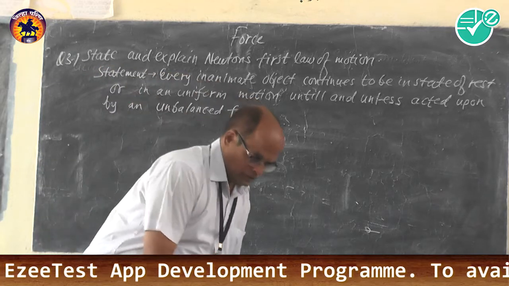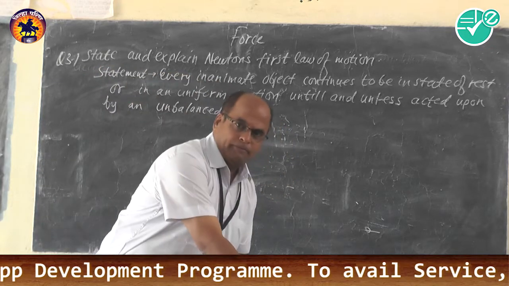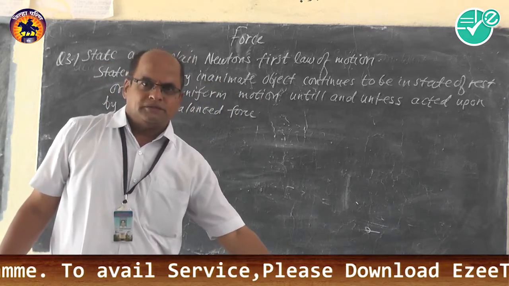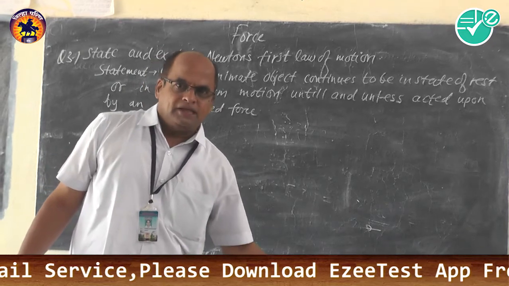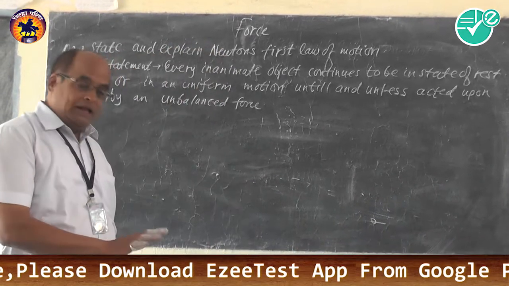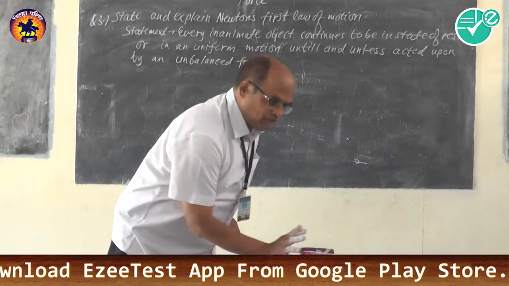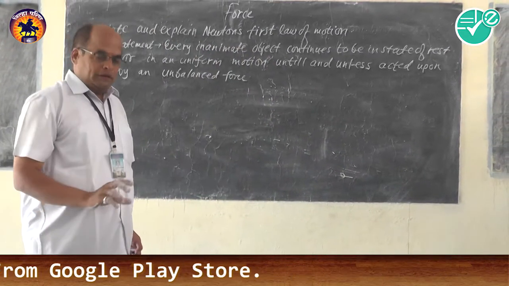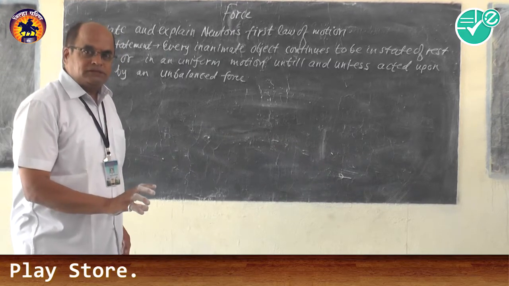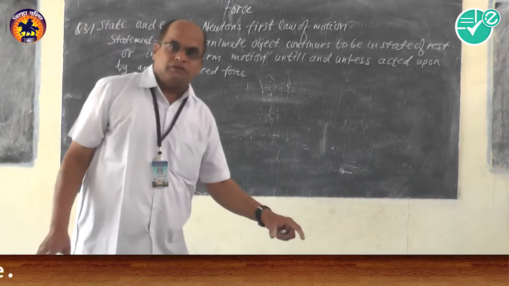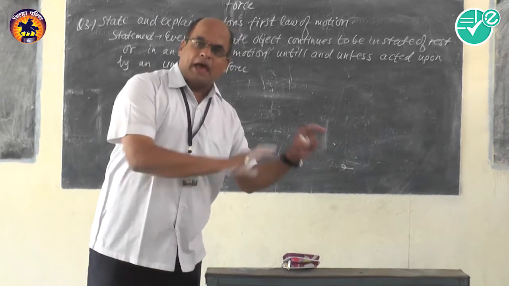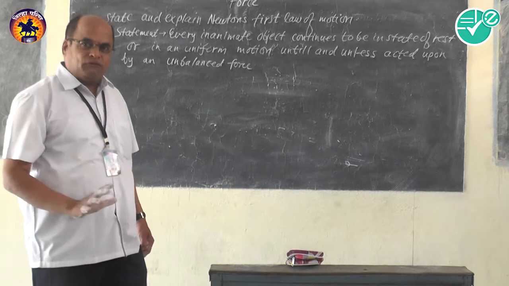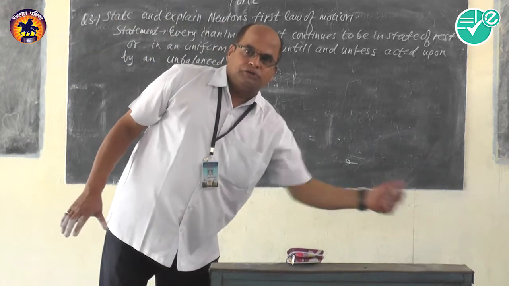Now, this is a body. This body will remain in a state of rest until and unless I apply some force on it. If the force is a little bit, it won't change its position. It will remain as it is, that is, at rest. Now, if I apply a larger force, it will change its position.